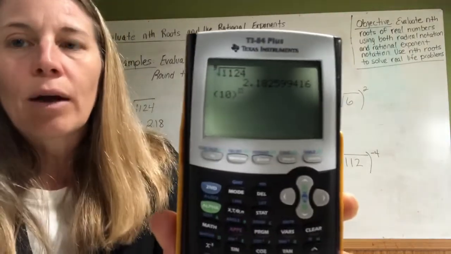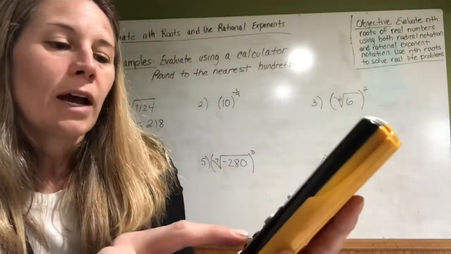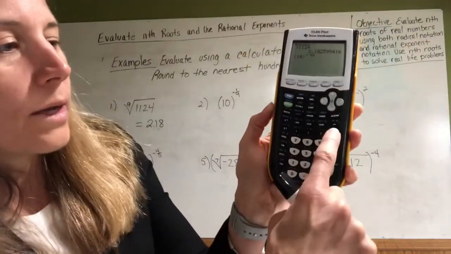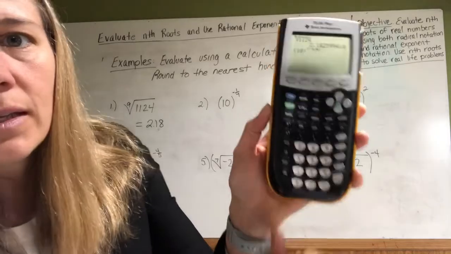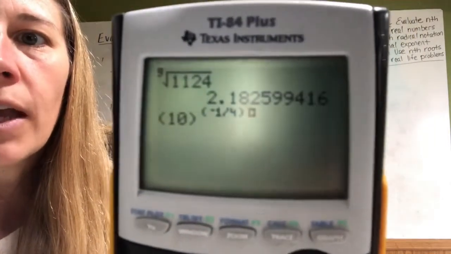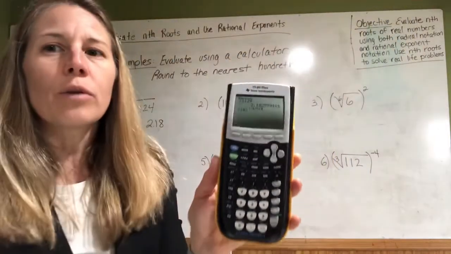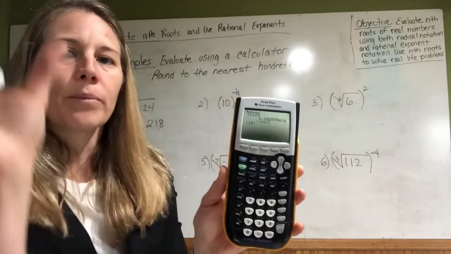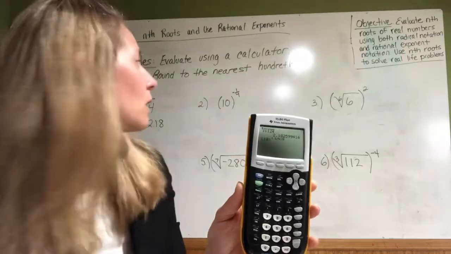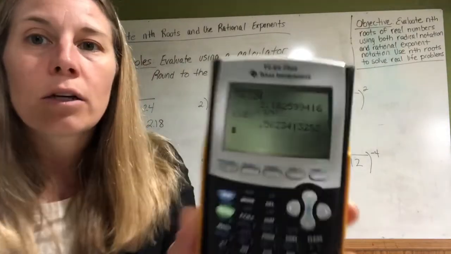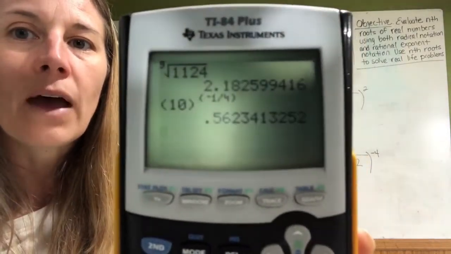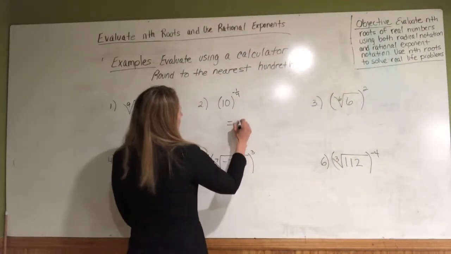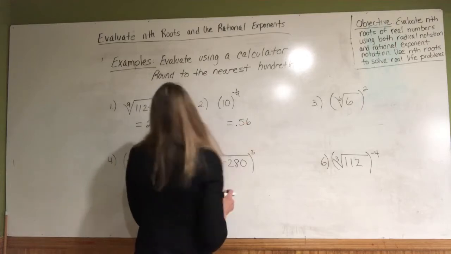Now, depending on your calculator, if you have one of the older models, you're going to have to do parentheses, -1 divided by 4, parentheses, like that on your screen. If you have one of the newer calculators, you could probably just write -1/4 up there as the exponent, because it kind of bumps it up and shrinks it down so you know that it's making it an exponent. And then you hit your enter. And again, 0.562, so rounding it to the nearest hundredth is just going to be 0.56.